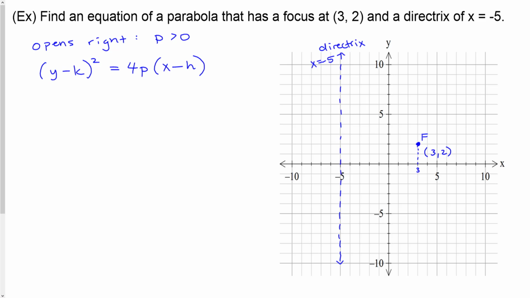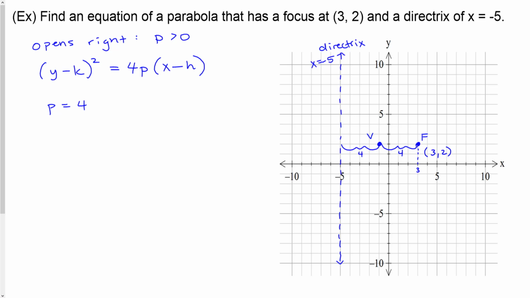So if you take 3 minus -5, that's 8. So 8 units away. Halfway is 4 units. So that means my vertex needs to be right there. So that's 4 units to the directrix and 4 units to the focus. It's halfway in between.